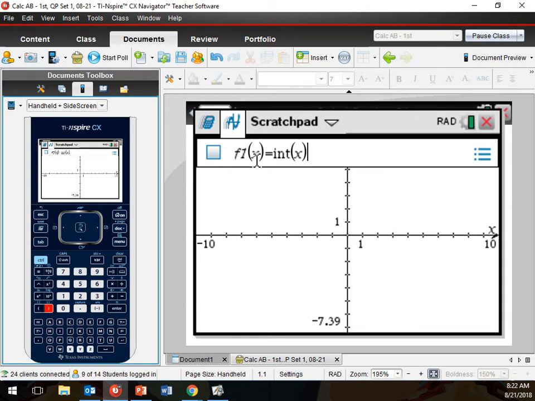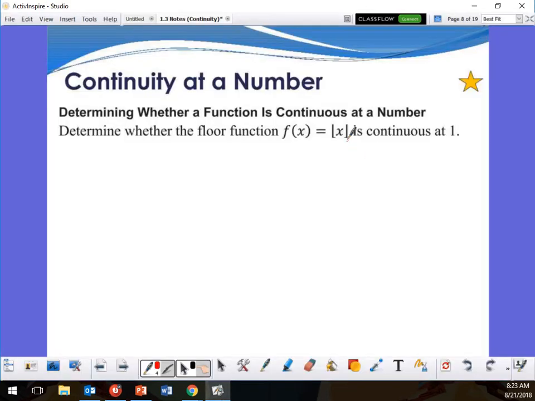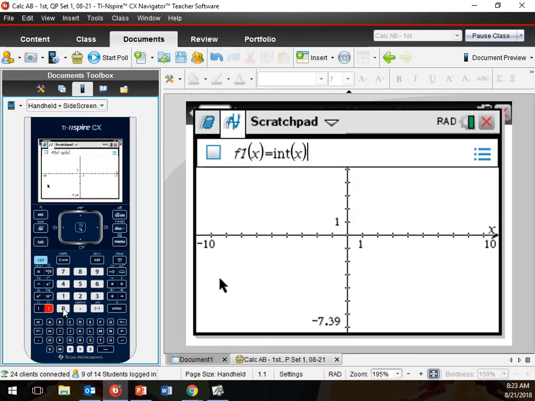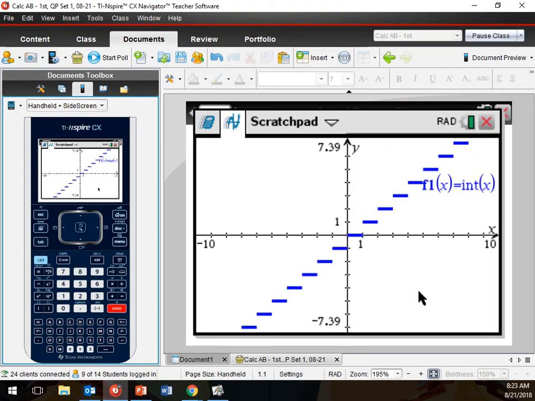Okay, so this is how you actually type that in there. So it's integer x. So from my notes right here, if you notice, it's not an absolute value symbol, is it? You guys paying attention? Okay, so it's not an absolute value. Now, I hit enter. Okay, this is a step function.